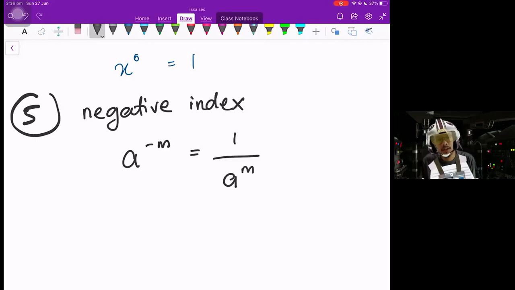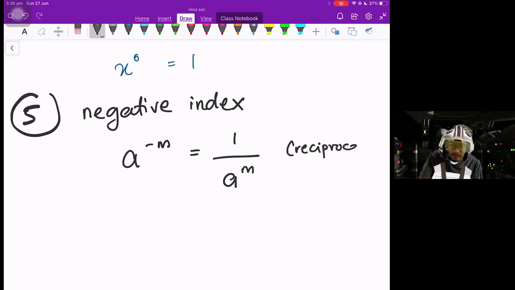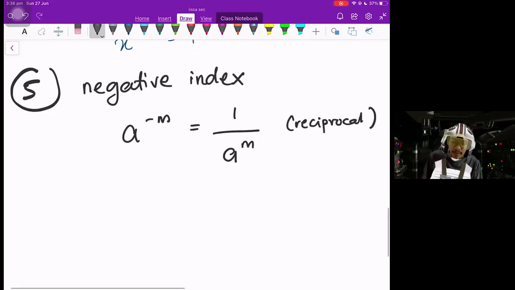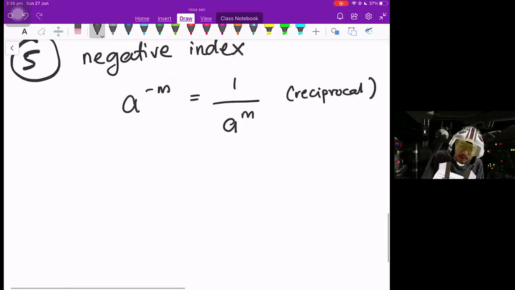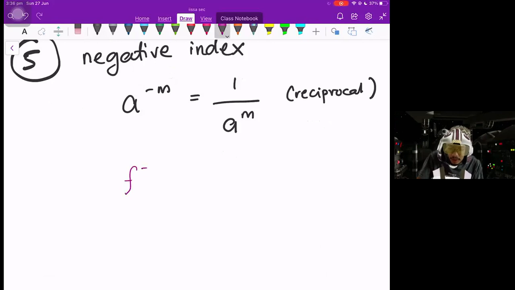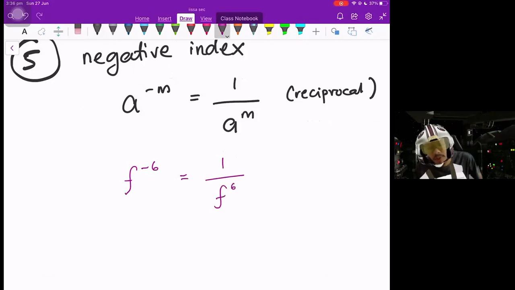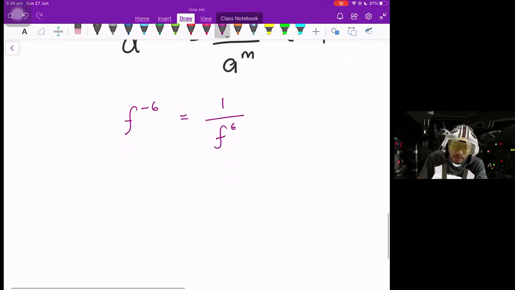It's just a reciprocal. So in the example earlier, f to the negative 6 is actually 1 over f to the power of 6. Easy enough.